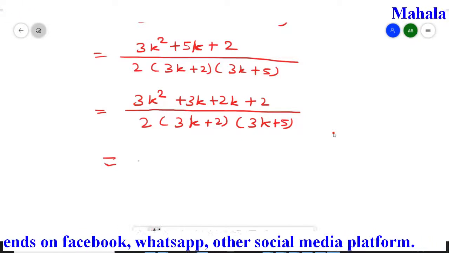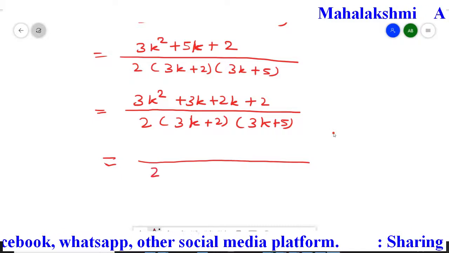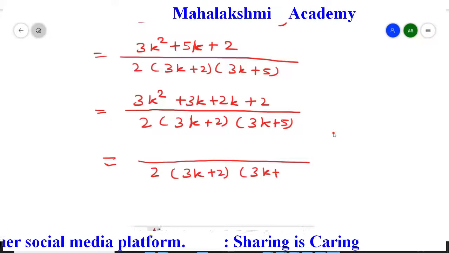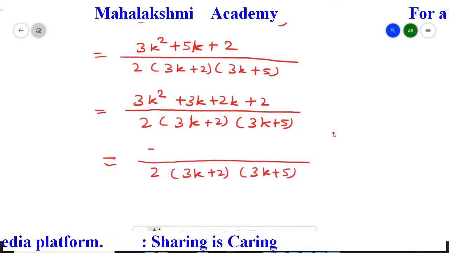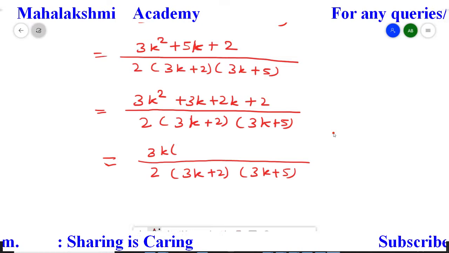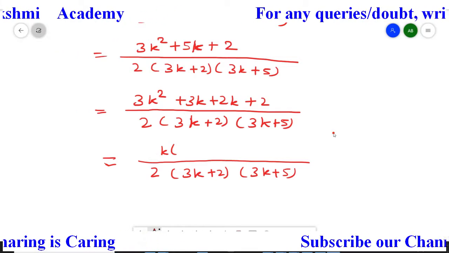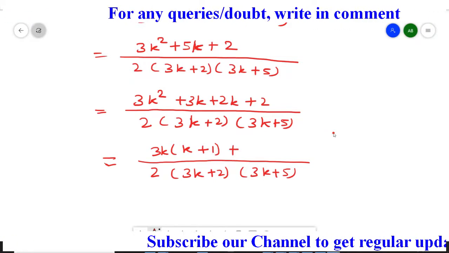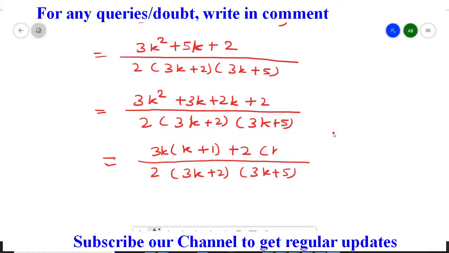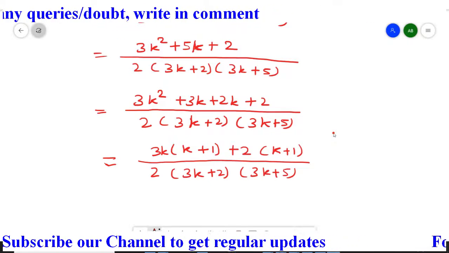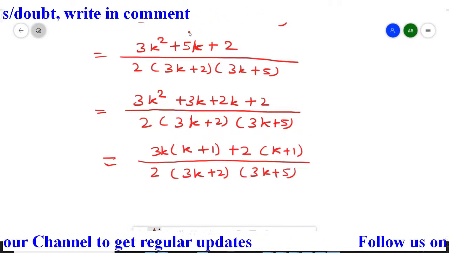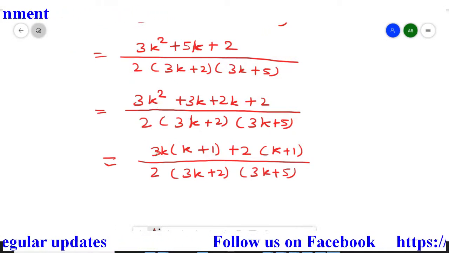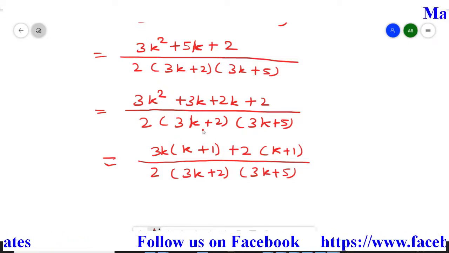Now we'll keep the denominator again as it is, 2 bracket 3k plus 2, and then again 3k plus 5 as it is, and here just take 3k common, so you are left with k plus 1, and here just take 2 common, so you are left with k plus 1. So students, what I have done is, first I split this 5k as 3k plus 2, and from the first term and second term we can take 3k common, so here k remains and here 1 remains.